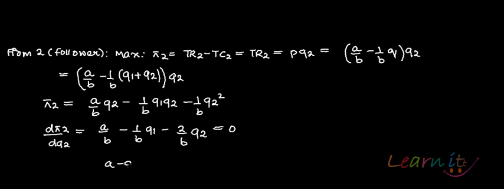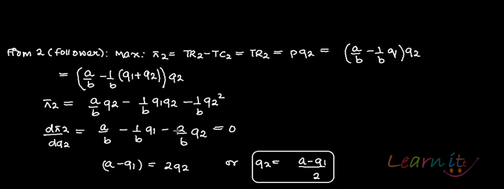What you'll have is A minus Q1 equal to 2Q2, or Q2 would be equal to A minus Q1 by 2. This is what you have.